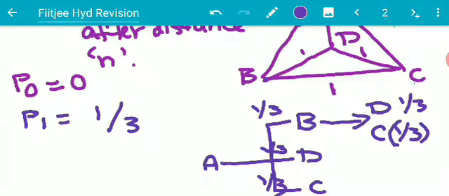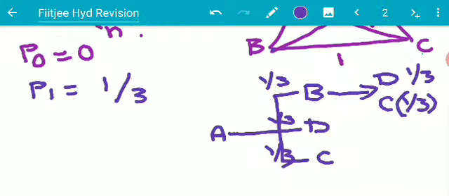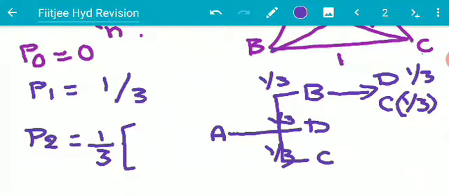In this way, if you check what P2 is, first it is 1 by 3, it should happen. After that it is either D or C, so that means addition.